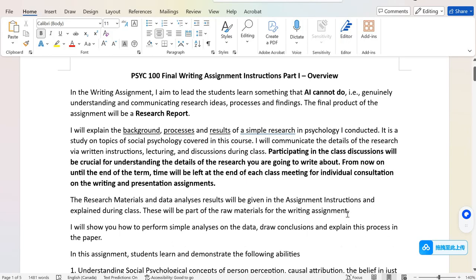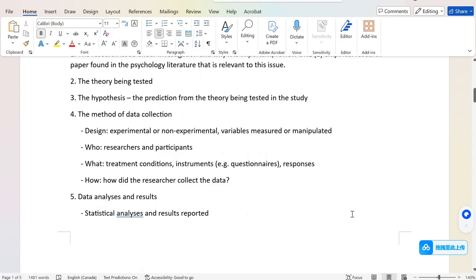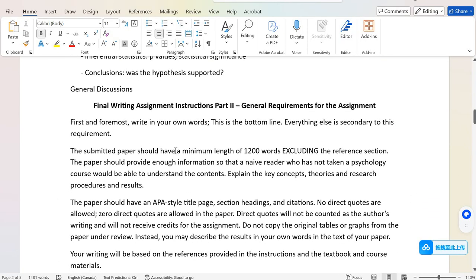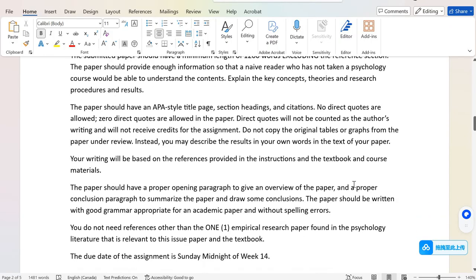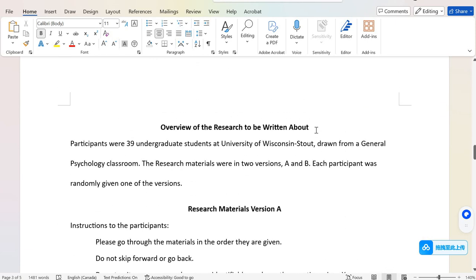During the class discussions, I explained the research in detail. And I showed you the research materials and the research procedure.